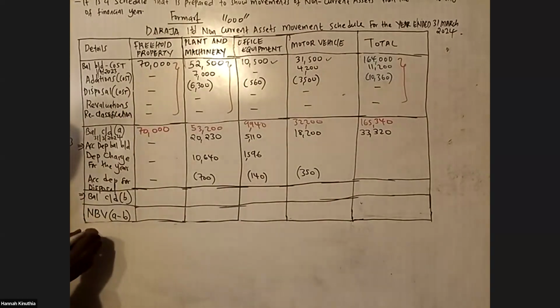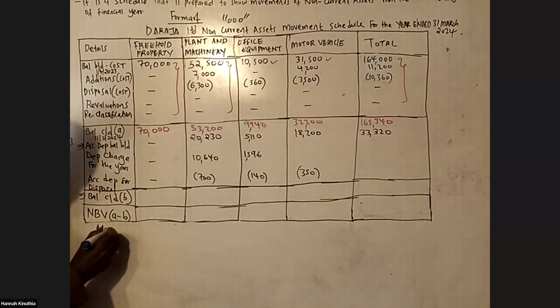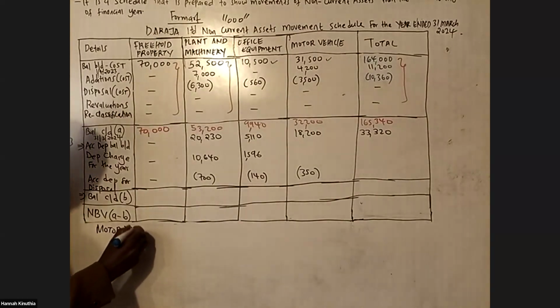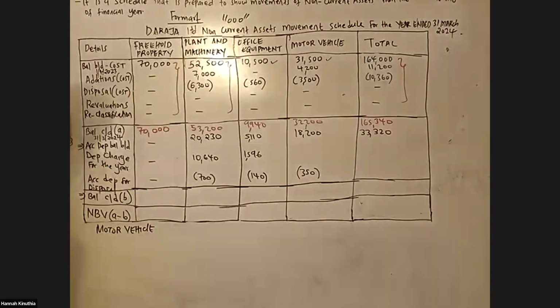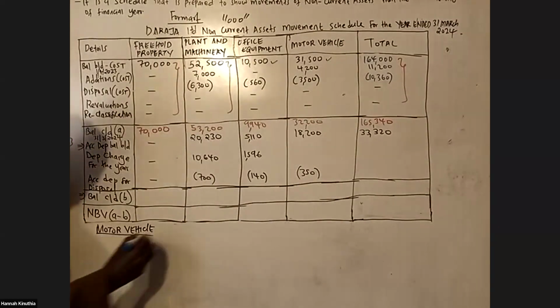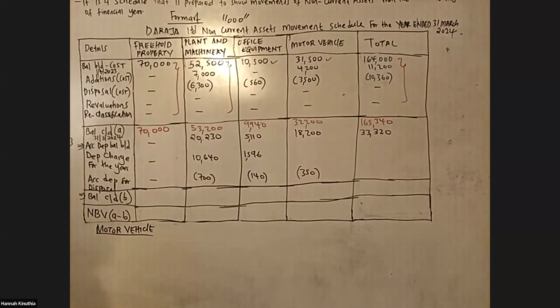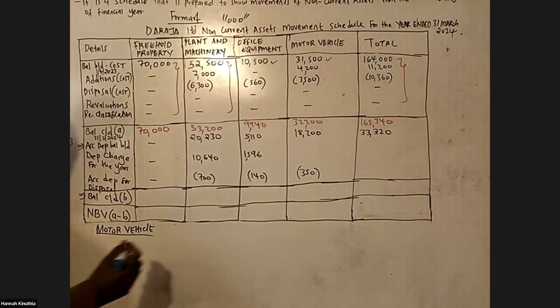Now motor vehicle. What is the rate for motor vehicle? So if you go to the question back, let's go to our question back. Now motor vehicle, the rate is 25%.